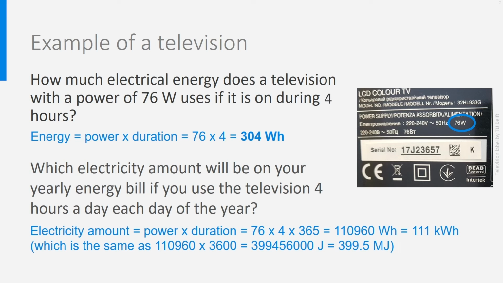If you like, you can also convert these watt-hours into joules by multiplying the watt-hours by 3600, which gives 399,456,000 joules, which is the same as 399.5 megajoule.